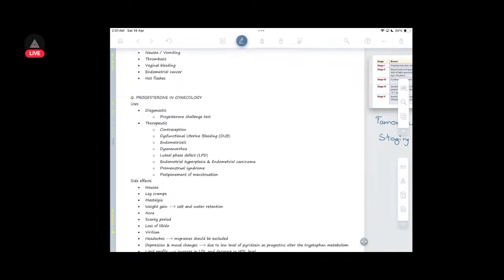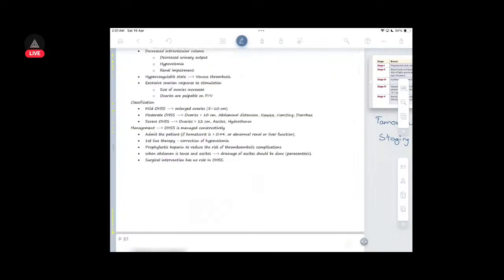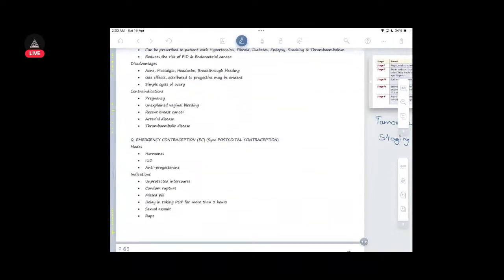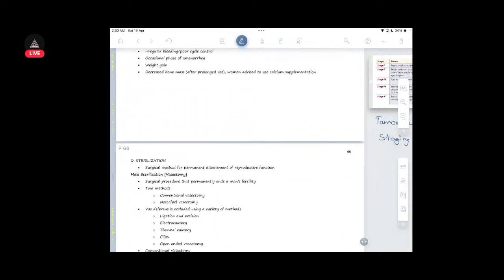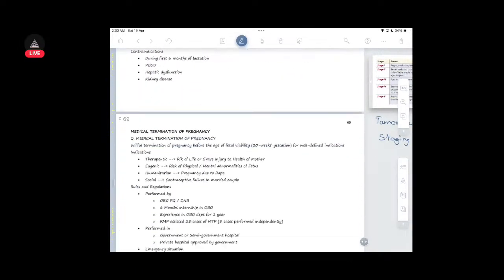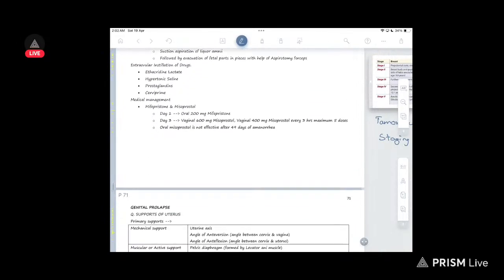I'll do for another hour. I'll probably finish until page number 70. This is the important part, so maybe I'll do a few small topics, and I'll do page number 70 onwards.